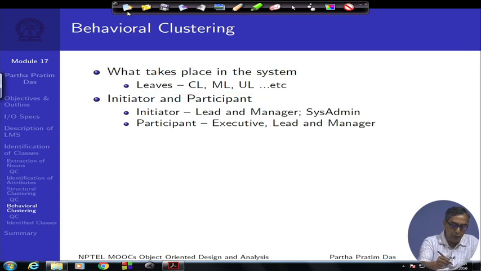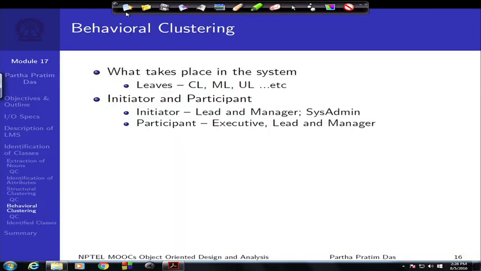The other thing that you look for typically in behavioral clustering is, do you find initiators and participants? That is, in terms of a behavior, we say this is an initiator, which in the final model will turn out to be clients, and participants are kind of servers or just passive participants. Do we find that kind of behavior?